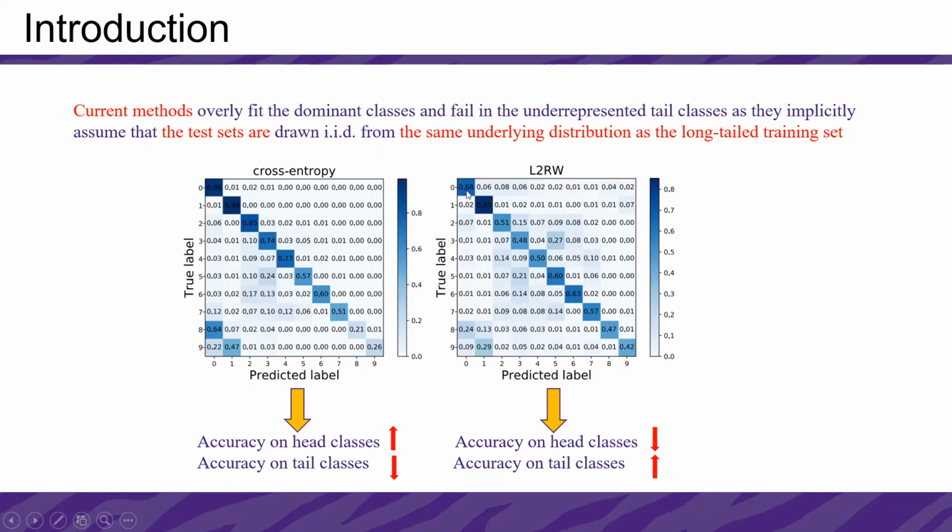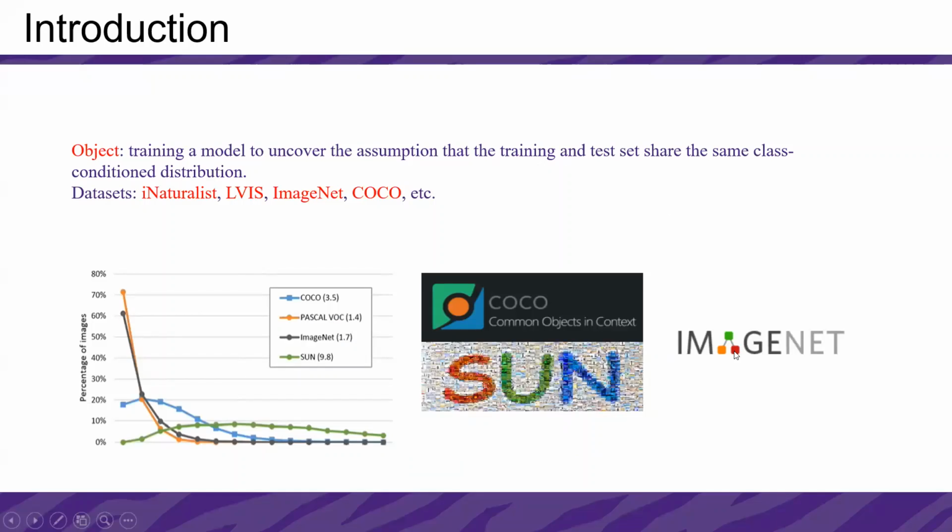They're only 0.68. So as a result, this paper is going to train a model to uncover the assumption that the training set has the same distribution as the test set.